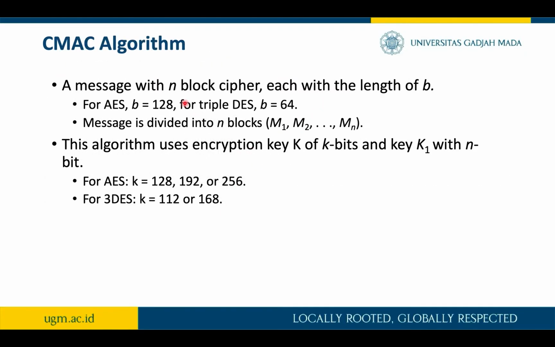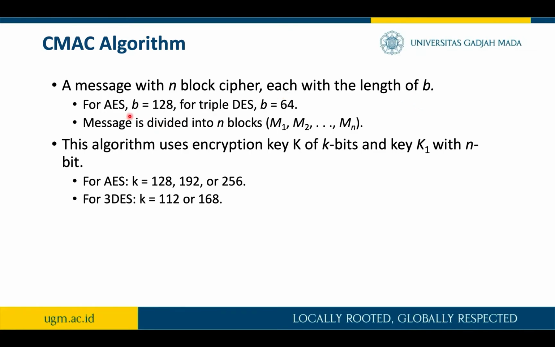So this is the general description of the algorithm. We have here a message with n blocks. Each has a length of b. b here depends on the encryption algorithm.